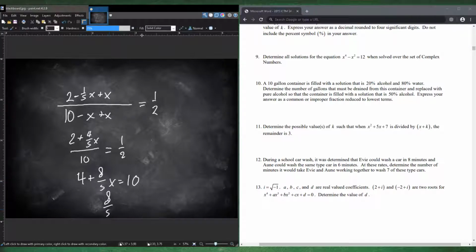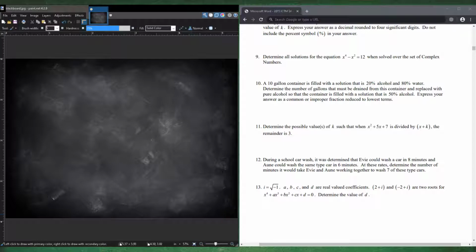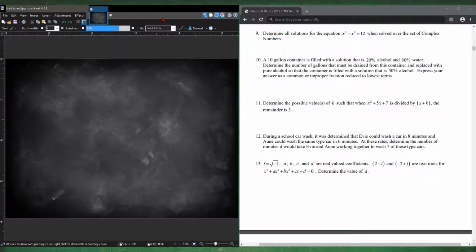So 8/5 x equals 6. So 6 times 5 over 8 is equal to your x. Simplify, so that's 3, this is 4, so that is 15 over 4. And that is your answer for number 10. All this question is asking you is basically, can you manipulate your variables around?